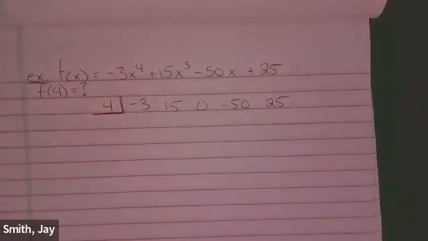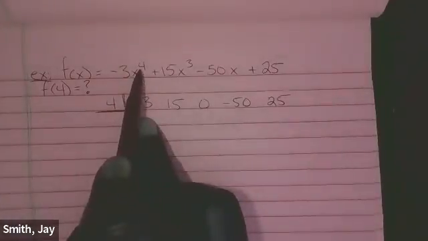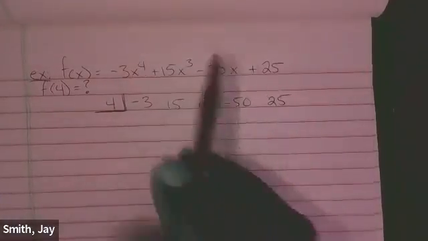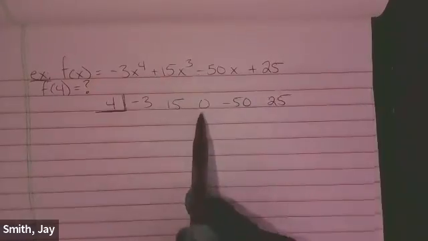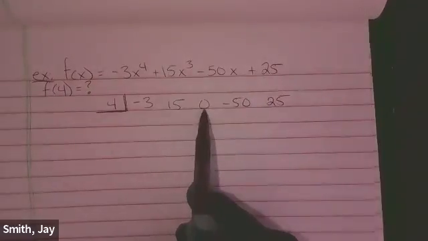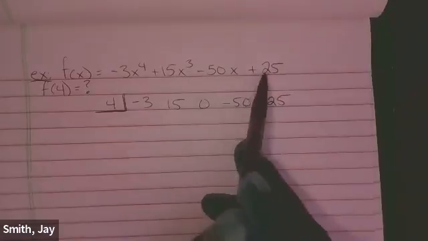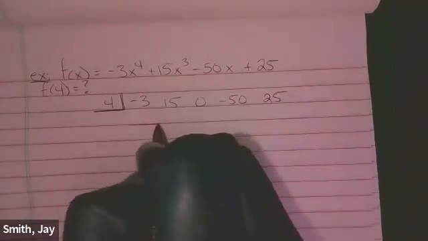Just to check if I understand, is anybody out there who understands why I plugged in 0 between 15 and -50? Because we don't have an x squared term. Like I said, that's the most common mistake that I see. Make sure that you account for every degree. So here we're starting with x to the fourth, x cubed. There's no x squared term, so we must plug in a 0 for the x squared term. -50 is the x's, and our constant is 25.